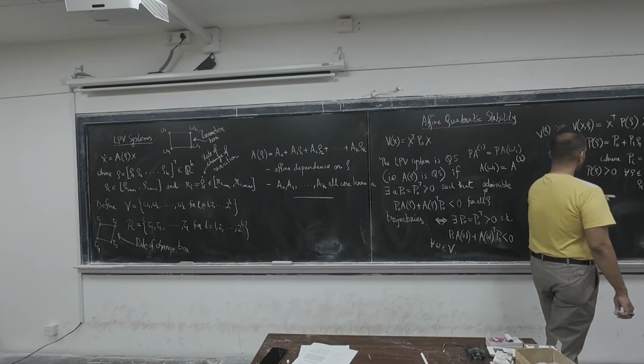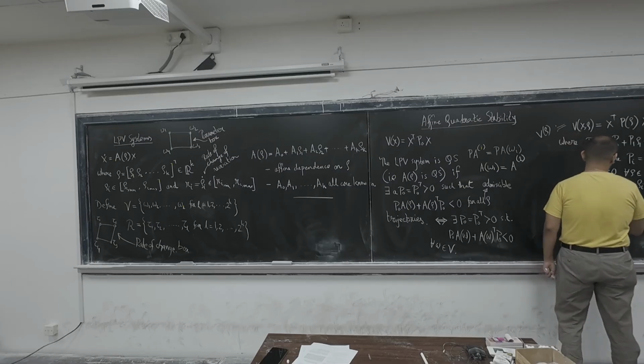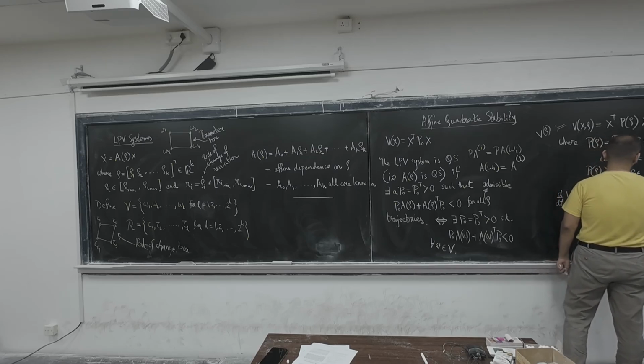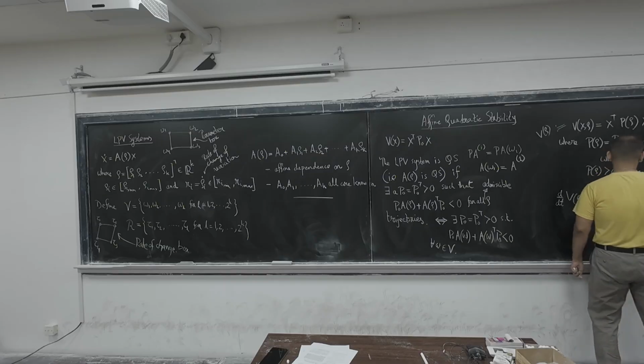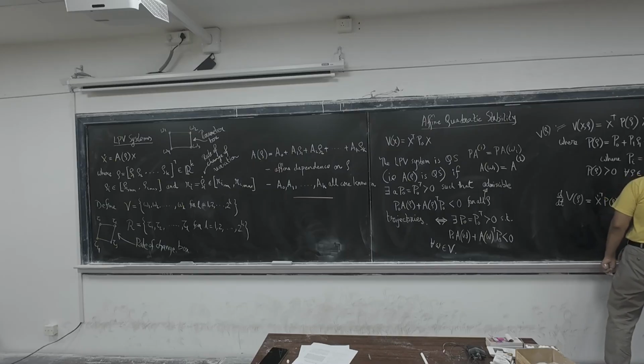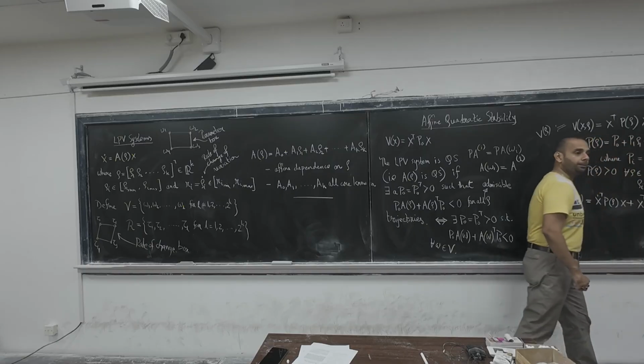Here, what you are just going to write, x dot transpose P rho x plus x transpose P rho x dot and then x transpose P rho dot x.